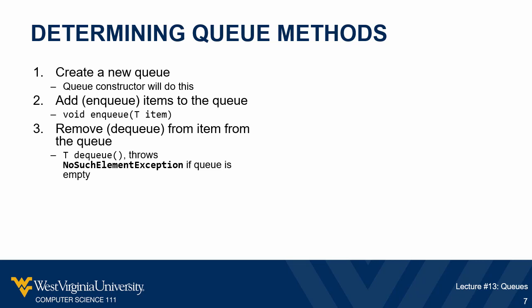In this implementation, I'm going to throw a no such element exception if the queue is empty. This exception type is used by Java's built-in implementations of a queue when there's nothing to dequeue, and I'm just choosing to match it instead of using illegal state exception, which would also be an appropriate type of exception here.